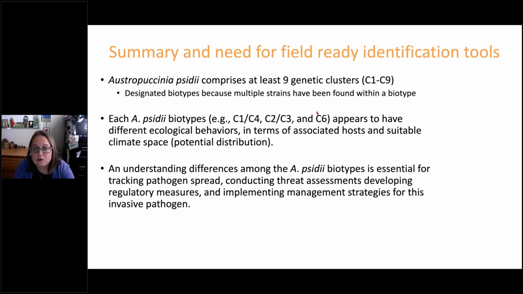So where they move around the world might differ. Understanding what these differences are is essential for tracking the pathogen. And just because you have Austropuccinia psidii doesn't mean that other new introductions might not have consequences for the landscape, right? So we need to develop some tools to implement management strategies for this invasive pathogen.